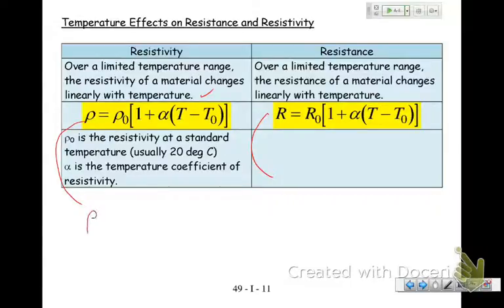So the resistivity at a given temperature is equal to some standard resistivity, times 1 plus alpha. Alpha is the temperature coefficient of resistivity, times the temperature that you're at minus the original temperature, standard temperature.